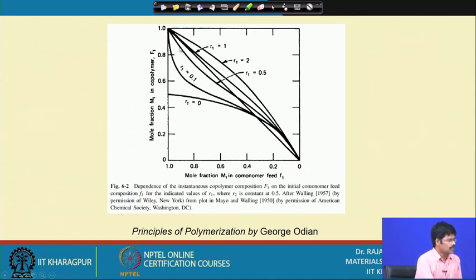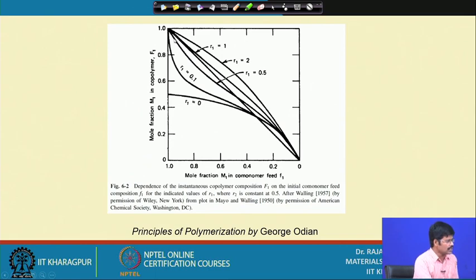So, when r1 has gone below 1, your curve goes like this, and it will always cross this straight line of capital F1 equals small f1. You can see that this graph, for r1 equals 0.5, crosses this straight line, which indicates all the points where the copolymer composition is equal to the comonomer composition.